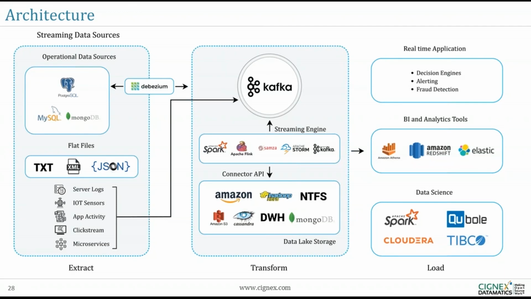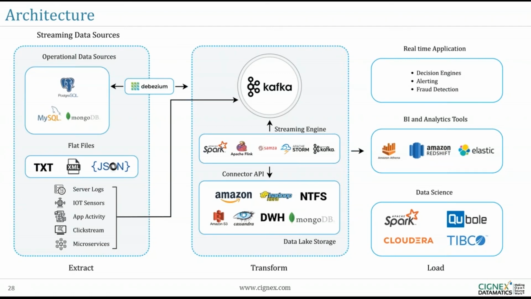On the other side, you can also ship data to an analytics tool, typically Amazon Redshift, or Elastic. Elastic is mostly used to understand the logs, what is going on within the application, and to analyze them. The third aspect of using this data is data science.